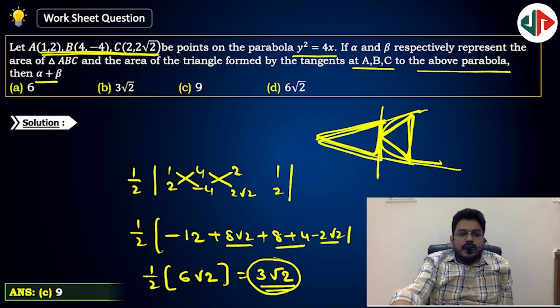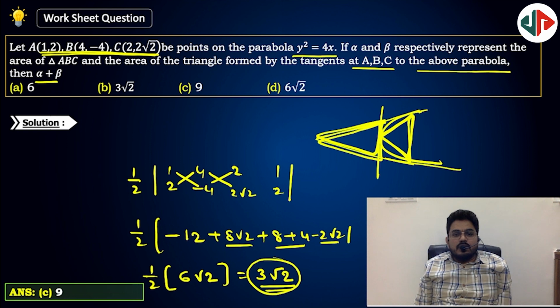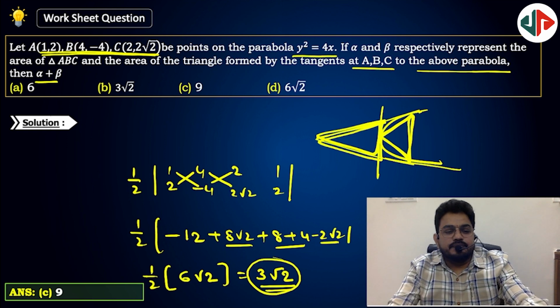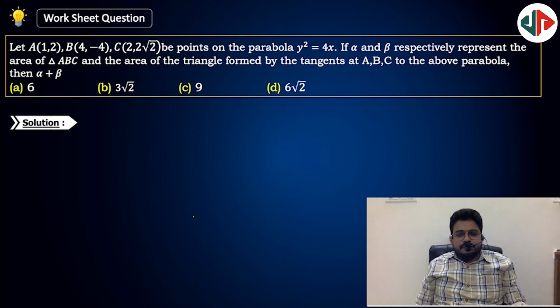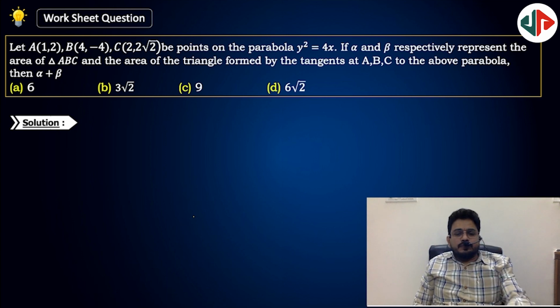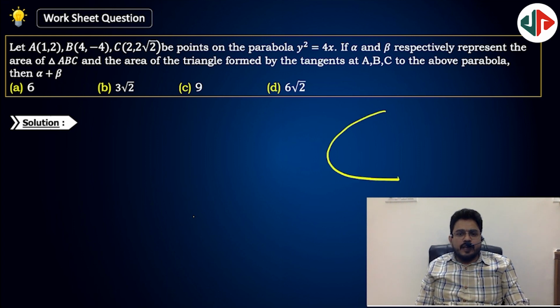So the total area is equal to, okay, no, just a minute. I'm repeating this question. So 3 points are given on the parabola y² = 4x.